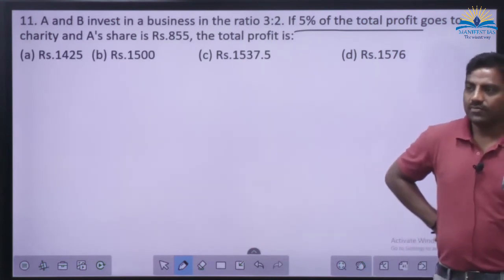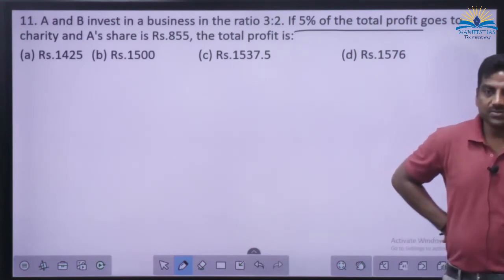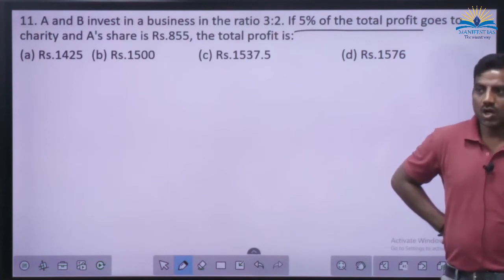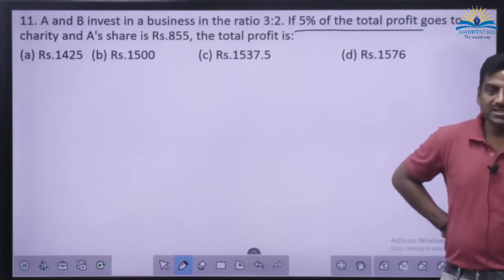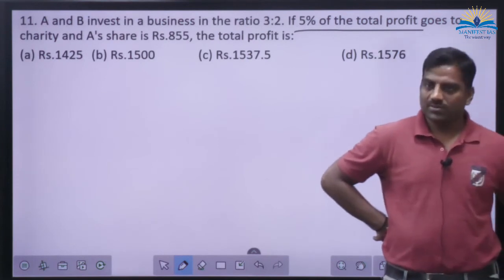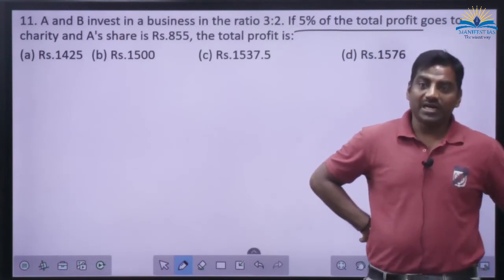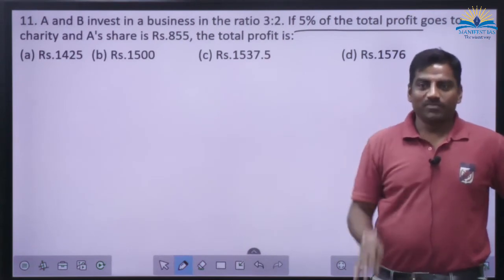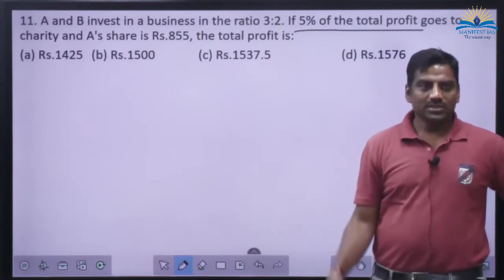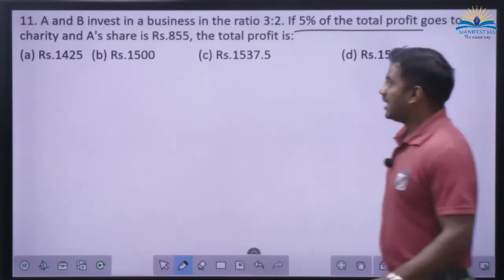Then you will think of what? Sharing the profits. Does this 5% have to be deducted first, or after the calculation of the profit? Well, first. This charity is also kind of an expenditure, because from the firm you are giving. It is not like I am an atheist, I don't give this one. From the firm it is going for charity.